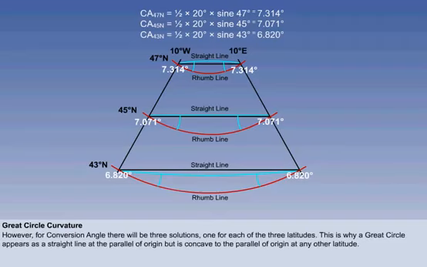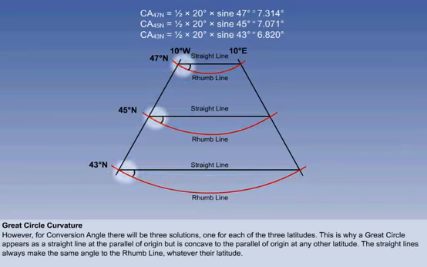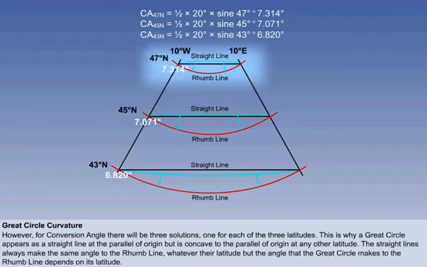This is why a great circle appears as a straight line at the parallel of origin, but is concave to the parallel of origin at any other latitude. The straight lines always make the same angle to the rhumb line, whatever their latitude. But the angle that the great circle makes to the rhumb line depends on its latitude.